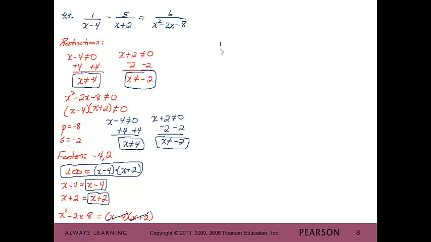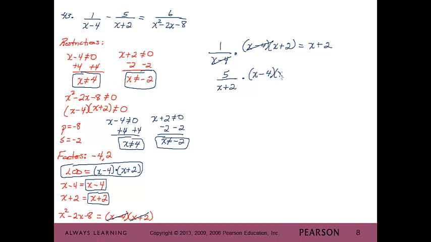So now we're going to multiply each term by the LCD. So 1 over x minus 4 times the LCD. The x minus 4 cancels out, and we're left with just x plus 2. And then 5 over x plus 2 times the LCD.